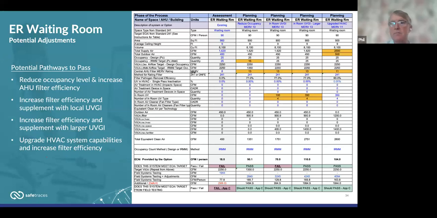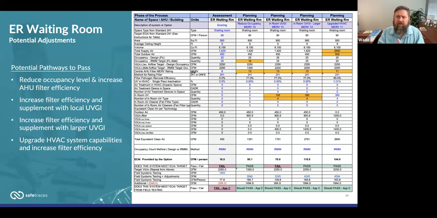Yeah, that would work fine. And then in the next one, we added some in-room UVGI with MERV 13 filters, but we kept the occupancy at 25. And this gets to the same scenario we looked at in the classroom where the calculator says fail, but the measurement plus the mitigation shows a pass. So this one should be successful. Right.